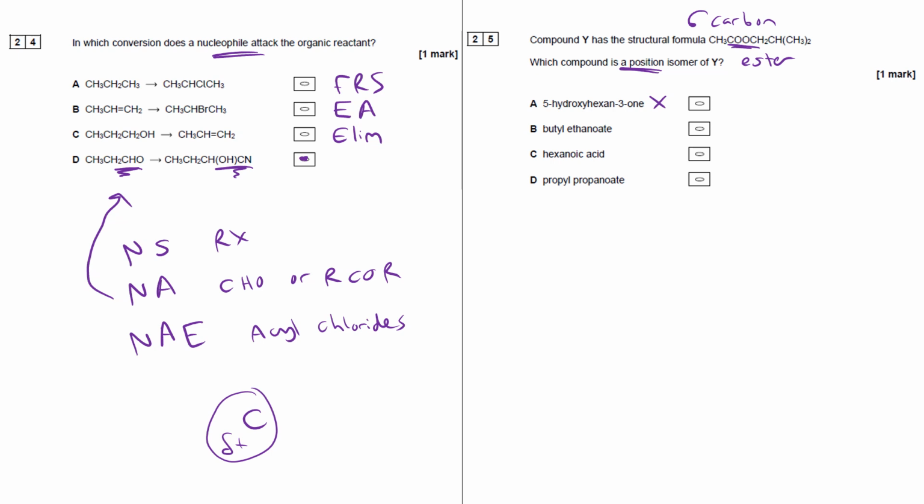So it can't be A and it can't be C, they would be functional group isomers instead. B and D are both esters. So which one is correct? Let's have a look at the ester that we're given in the question. So compound Y has this formula here.